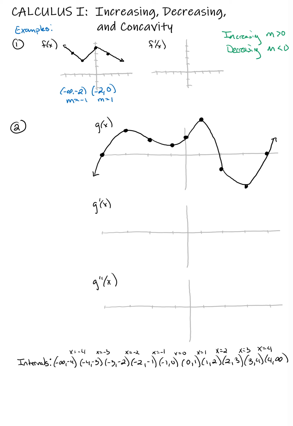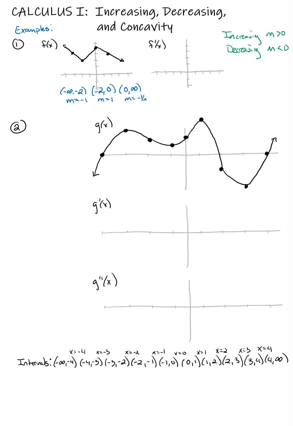And then finally, if we look at the interval from 0 to infinity, we go down 1 over 2, so our slope here is -1/2.